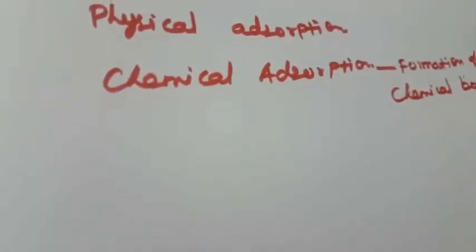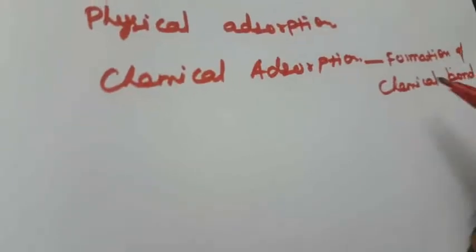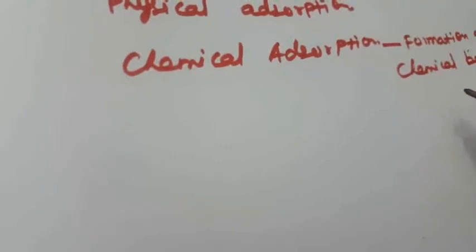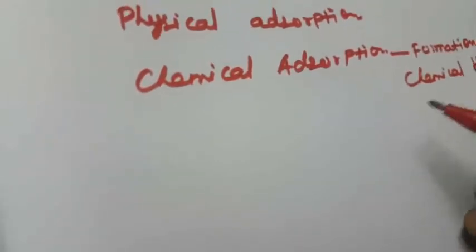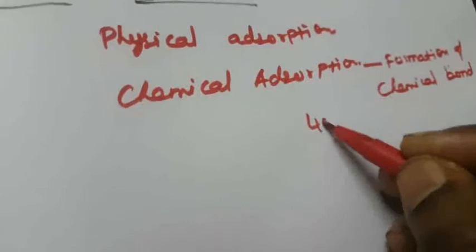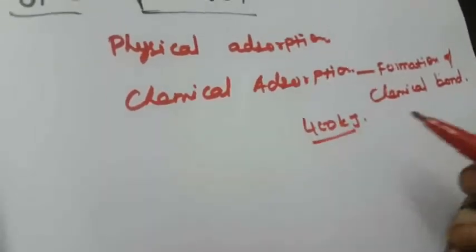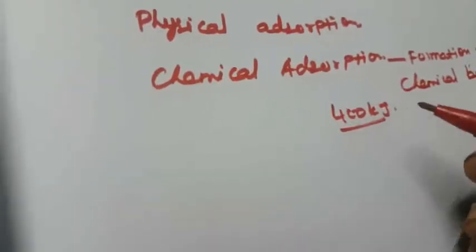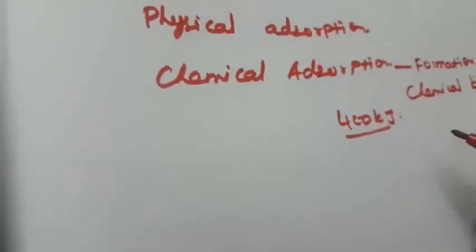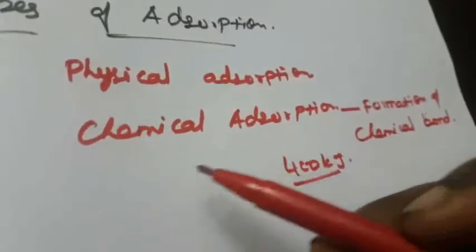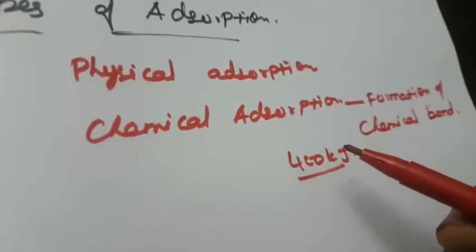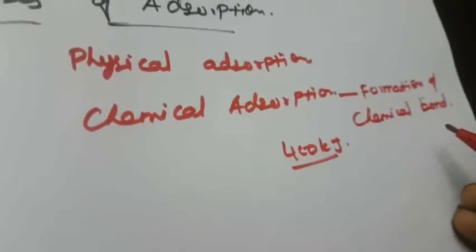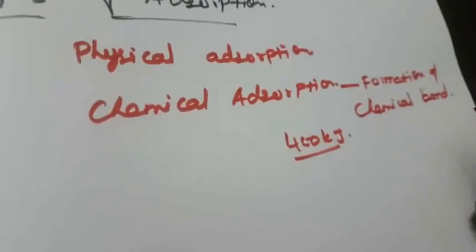It is a strong bond, and each mole gives out a heat of adsorption, nearly 400 kilojoules of heat liberated. So what is chemical adsorption? The molecules are held to the surface by the formation of a chemical bond. That is called chemical adsorption.